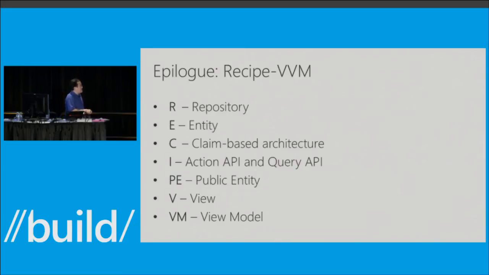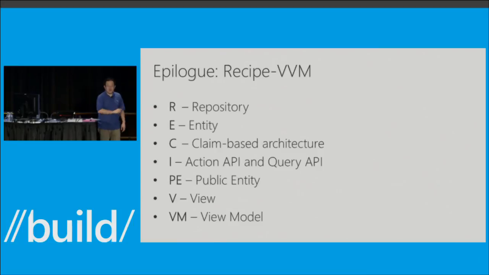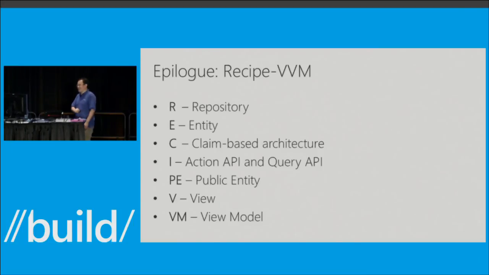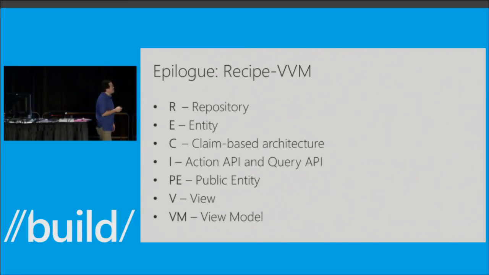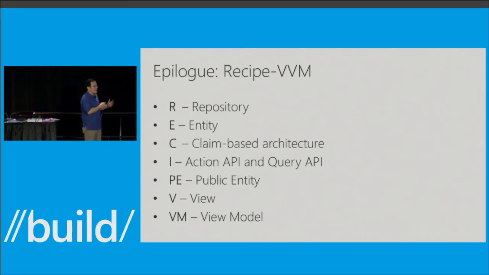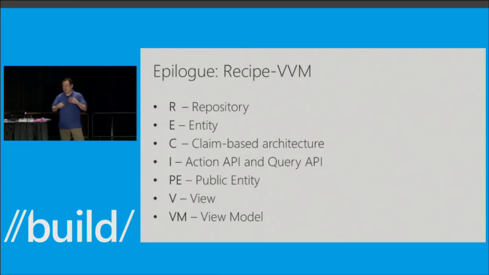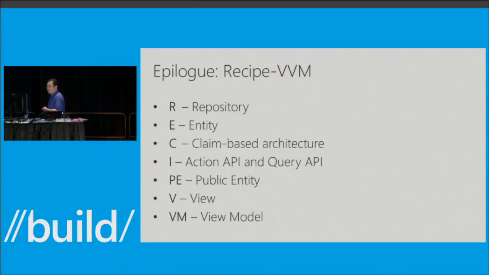And the way we designed this application is to use the recipe VVM pattern. Don't Google it. It's not public. It's still work in progress. We do have a white paper on this. So if you are interested in this kind of work, this is still early stage. But if you want to have a deeper study or work on this kind of pattern, you're welcome to get connected with me, and we can make something useful.